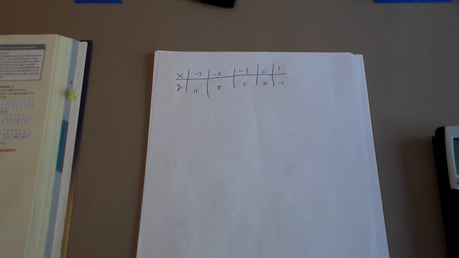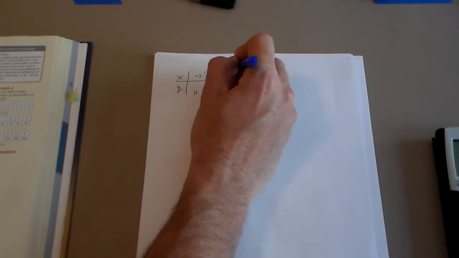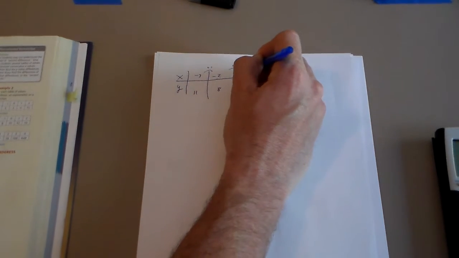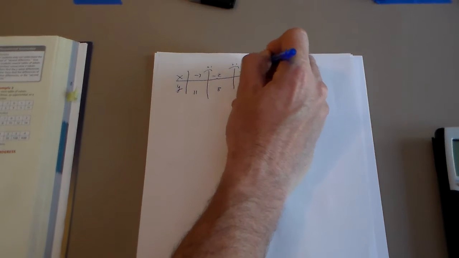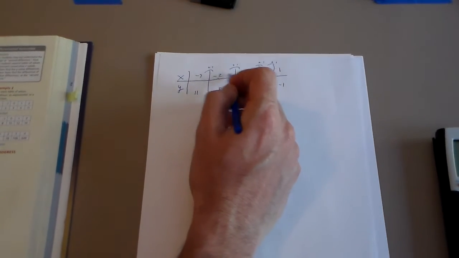So the first thing that we look at is our x's, to see that they're going by the same amount. In this case, they're going up by 1, okay? That's going to help us in determining what we have.